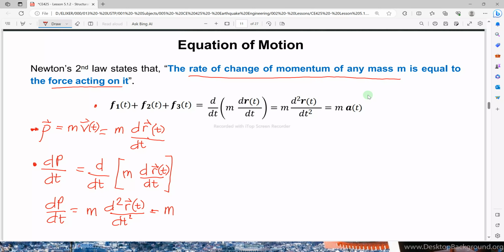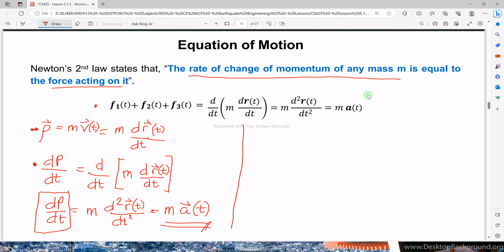Therefore, this becomes our mass times the acceleration vector. We know that acceleration is the second derivative of the position. So the rate of change of momentum is equal to the mass times the vector acceleration.